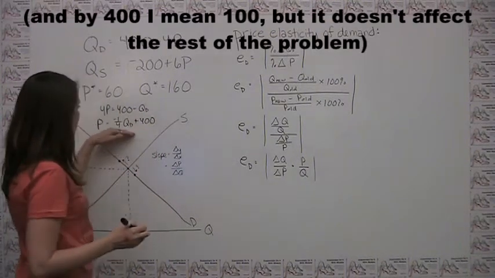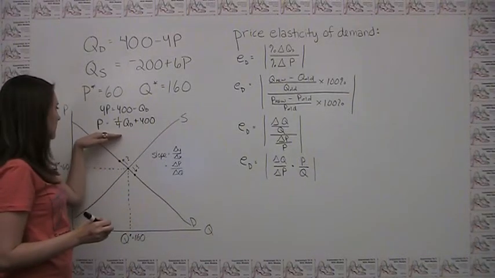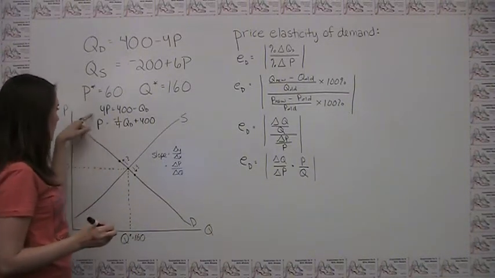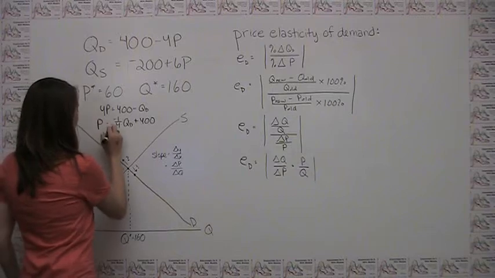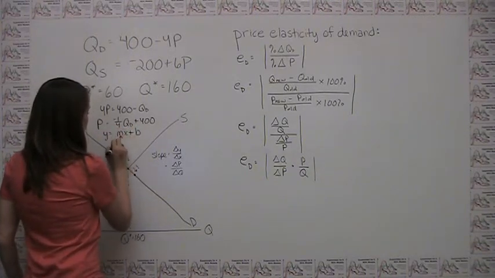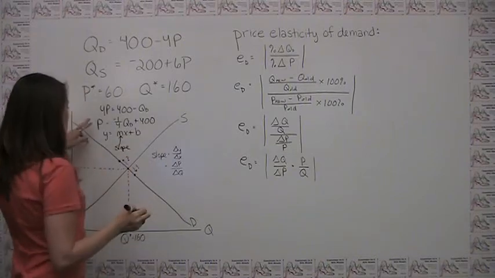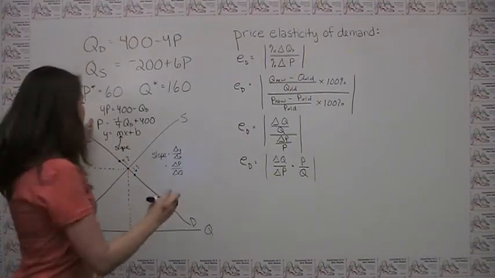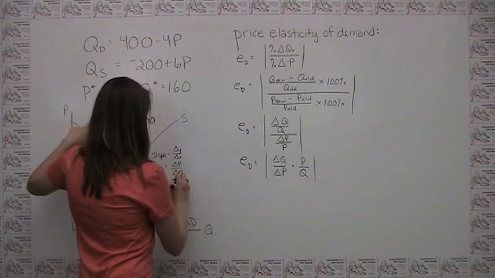So if we were going to think about the slope of our demand curve here, we notice we have something of the form y equals mx plus b, and then the slope is just this m. So we could say that the slope of our demand curve is just negative 1/4.